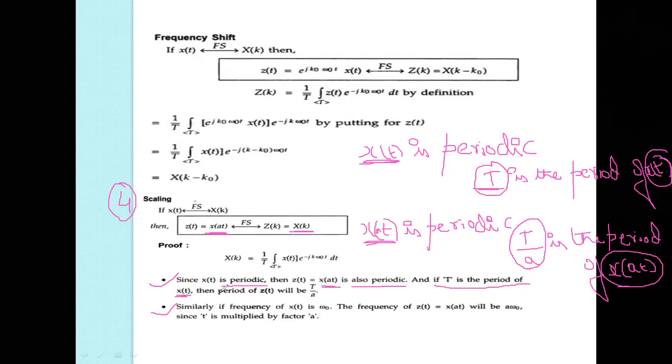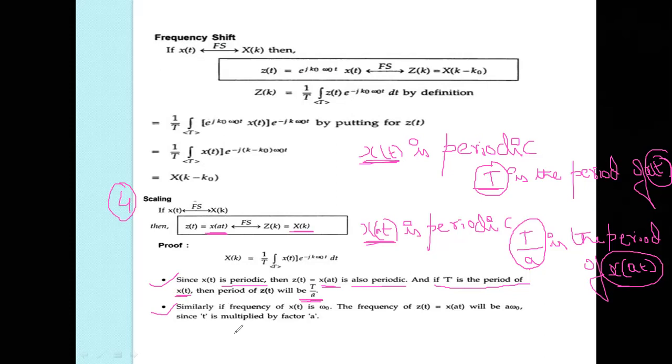Z of t is x of at only, so the period of z of t will be T by a in the time domain.